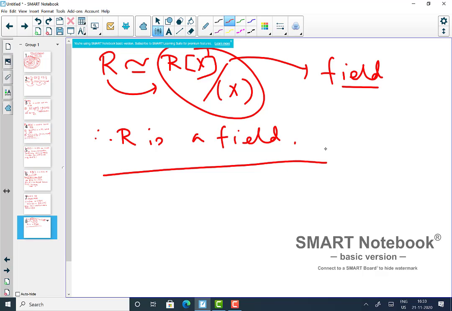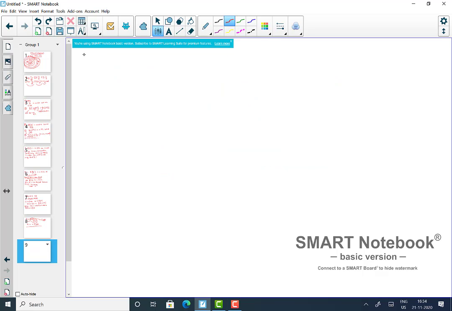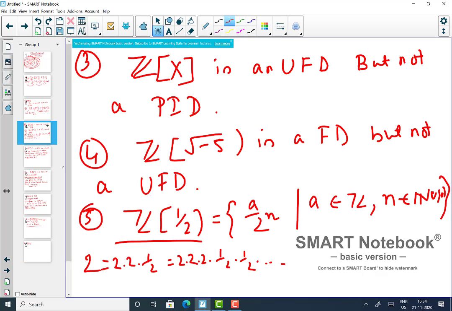Okay, so this is a kind of important description, but instead of a field, suppose we have a general ring; then what about that ring? Like Z[x], and you recall that we gave the example that Z[x] is a UFD but not a PID.